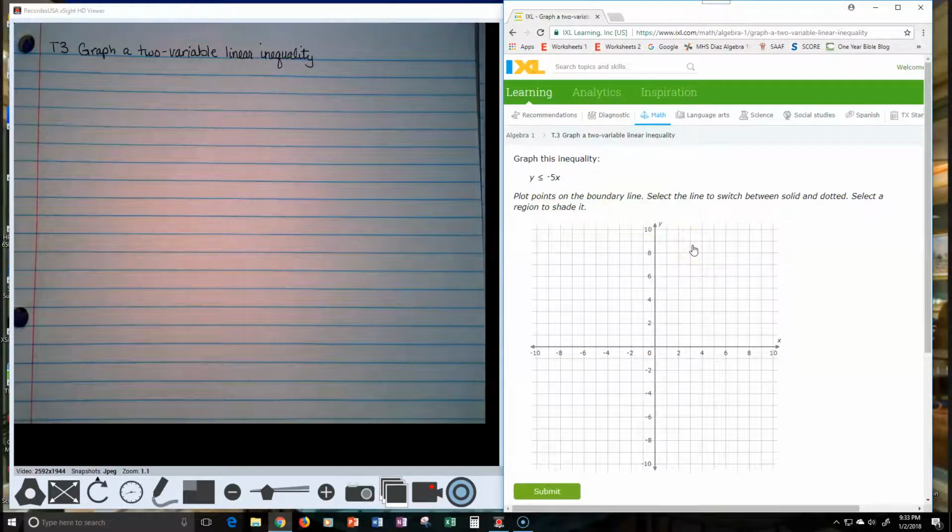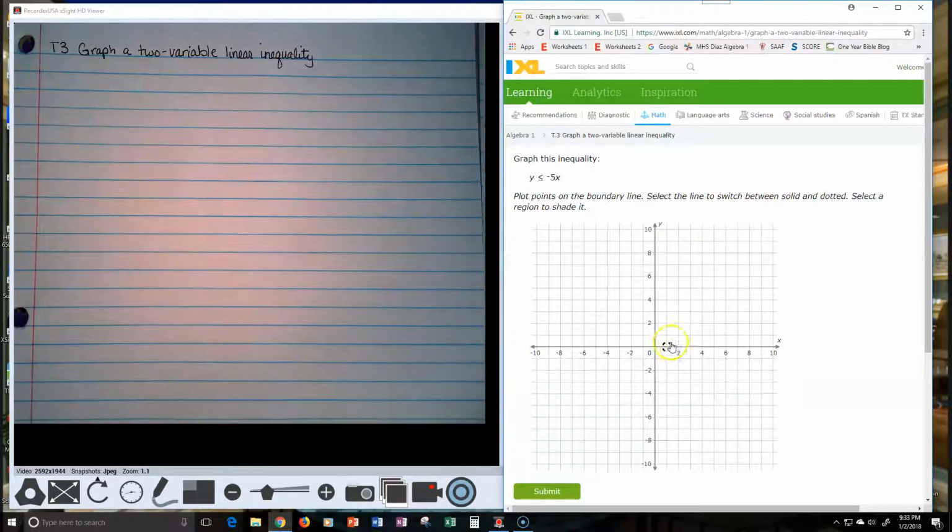Now, we have here y is less than or equal to -5x. Well, this is starting to look like the slope-intercept form, except without the intercept.